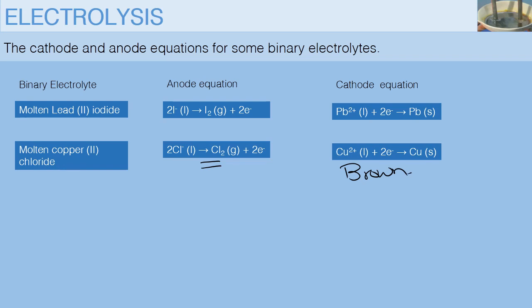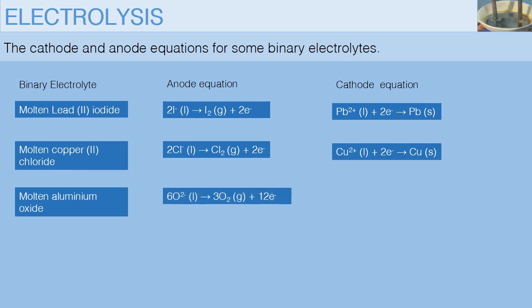For aluminium oxide, we'll observe a colorless gas, which is oxygen, at the anode, and a gray bead or gray solid at the cathode.